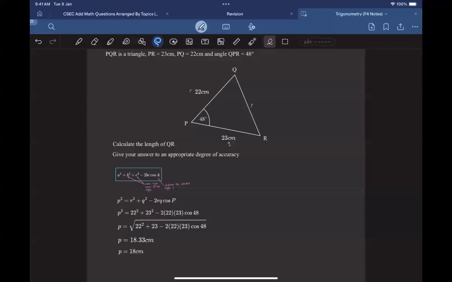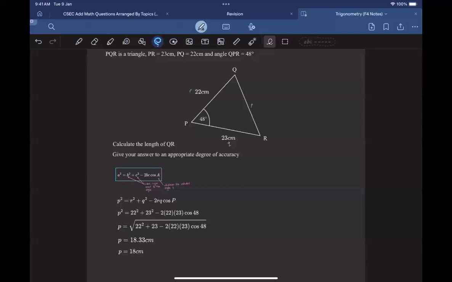Keep in mind, for Pythagoras theorem, you must know two sides at least, and it must also be 90 degrees. If there is no 90 degrees, then that means you cannot use Pythagoras theorem.